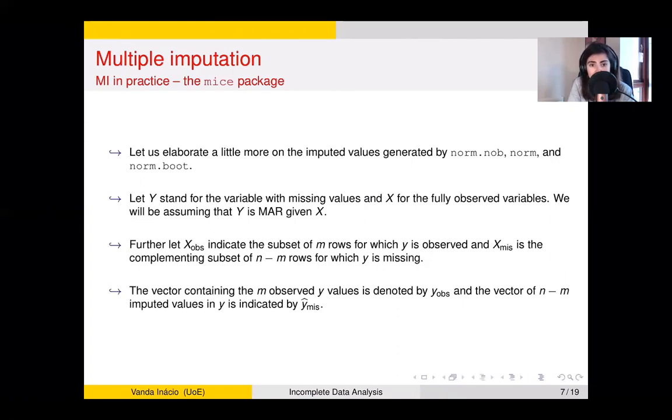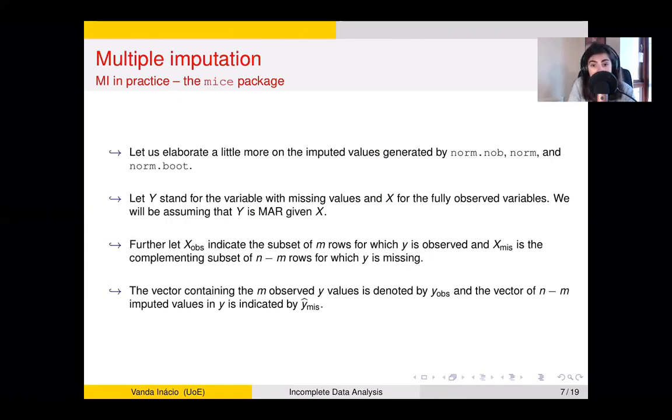Okay, so let me elaborate just a little bit about the methods that mice implements under the normal linear regression model: norm.nob, norm, and norm.boot. Just to look at the imputed values. Of course, there are details in how we come up with the estimates.